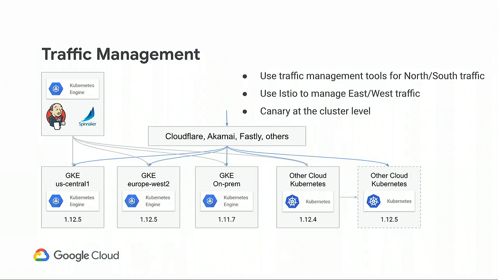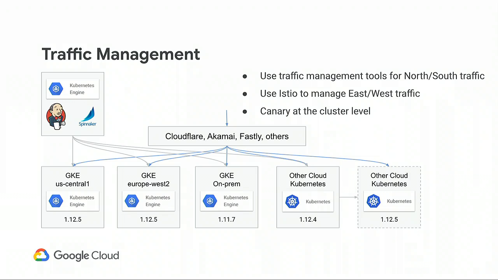So once you have your application out there, you also need to be thinking about how to manage traffic across those clusters. So Istio is a good tool to use for managing your traffic within one cluster or across your clusters, also known as your east-west traffic. The other thing that's really helpful to do is to manage your north-south traffic.